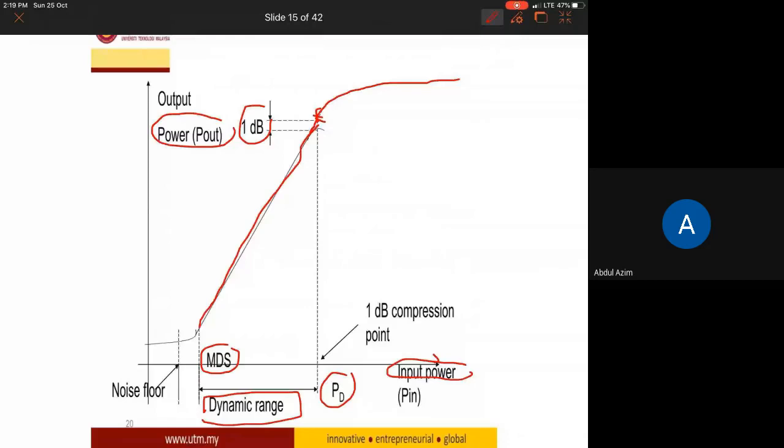At this level, power is not converted into the desired IF, and the power is converted into heat. Because it is higher than this, it is considered the non-linear region. So maybe some of the output is not useful.